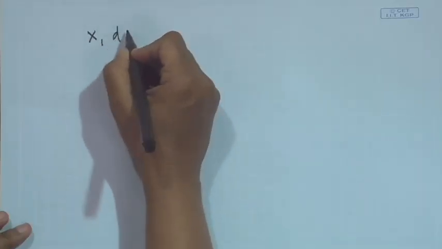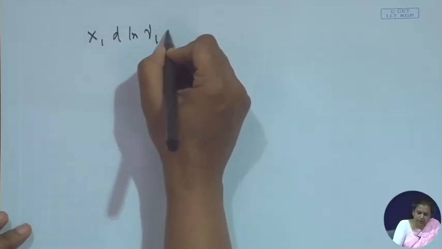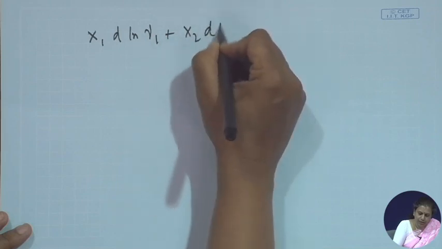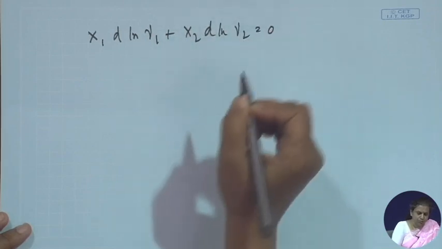Say for instance, I will just write it down and derive it once more: x1 d ln gamma 1 plus x2 d ln gamma 2 equals 0.